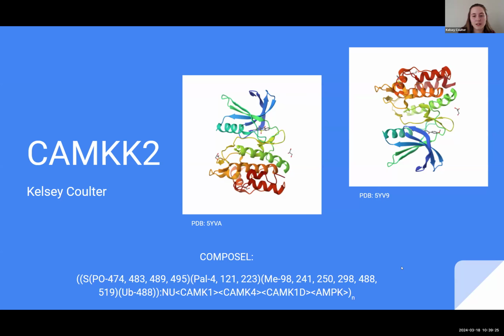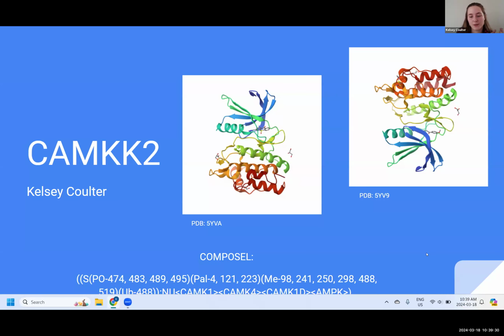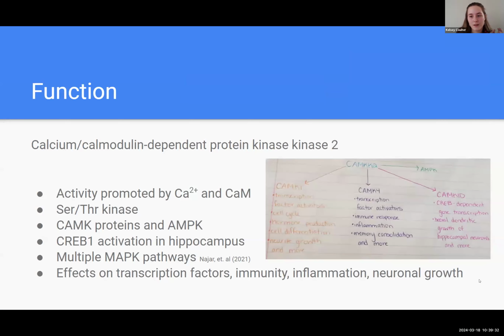So my protein is CAMKK2, and here at the bottom I have my Composal script. All right, so CAMKK2 is short for calcium calmodulin dependent protein kinase kinase 2. That means that it is promoted by calcium and calmodulin.